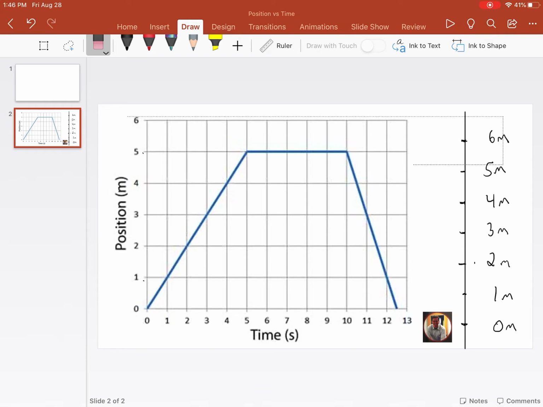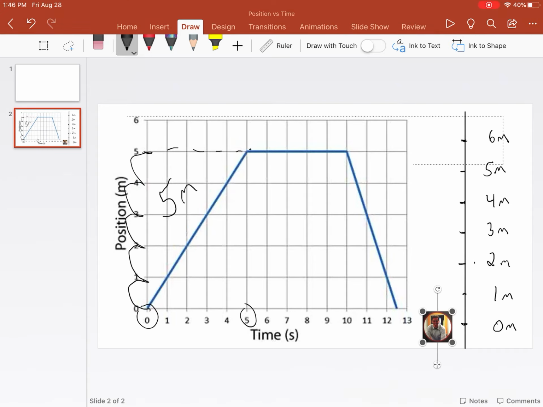So we can work that out. So we said in the first segment, from 0 to 5 seconds, right here, from here to here, I walked forward 5 meters, right? 1, 2, 3, 4, 5. I ended up out here at 5 meters. So during that portion, I walked 5 meters.